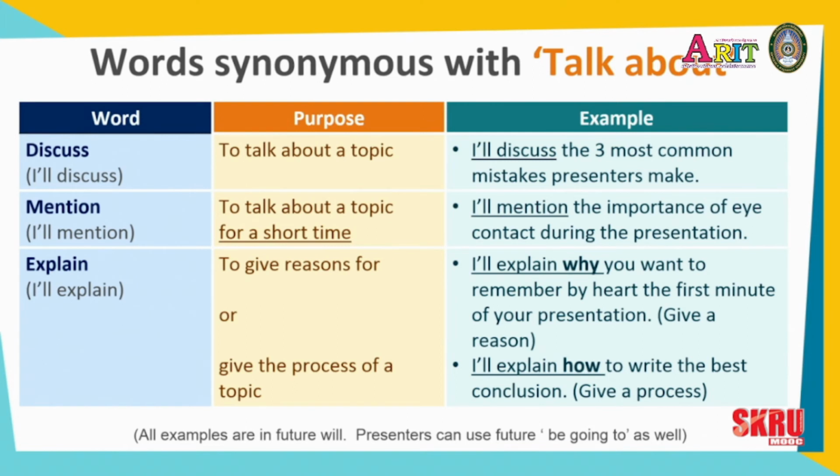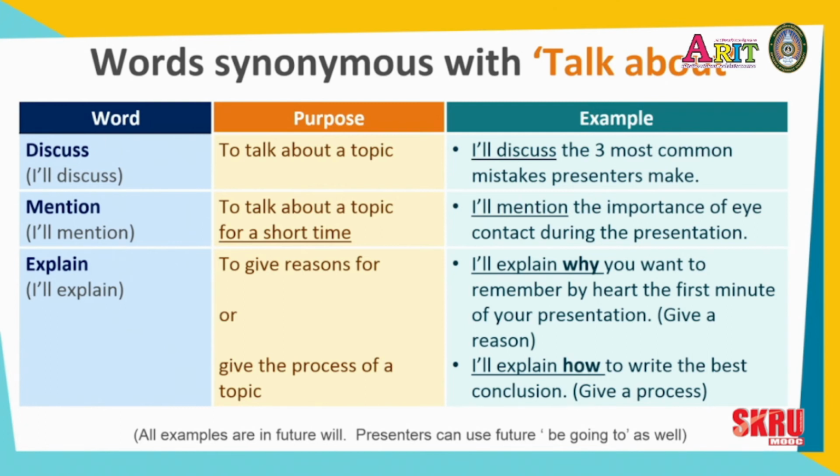On the opposite, explain has more detailed information. And we use explain when you're going to give reasons for something, or you're going to give a detailed process of something.